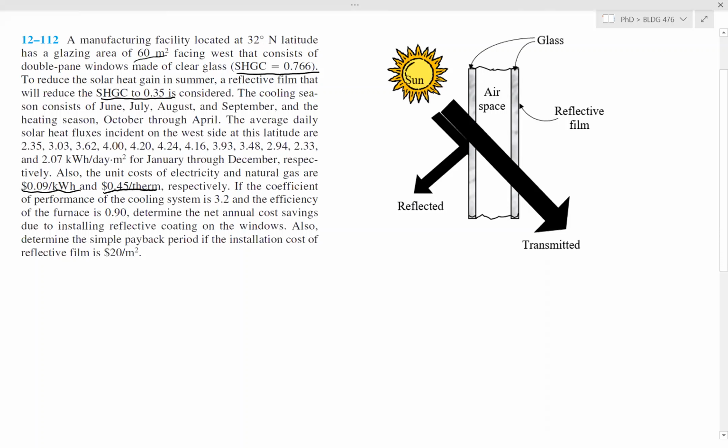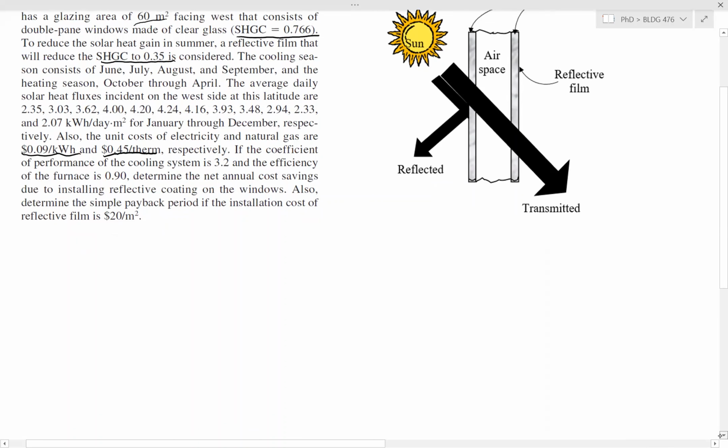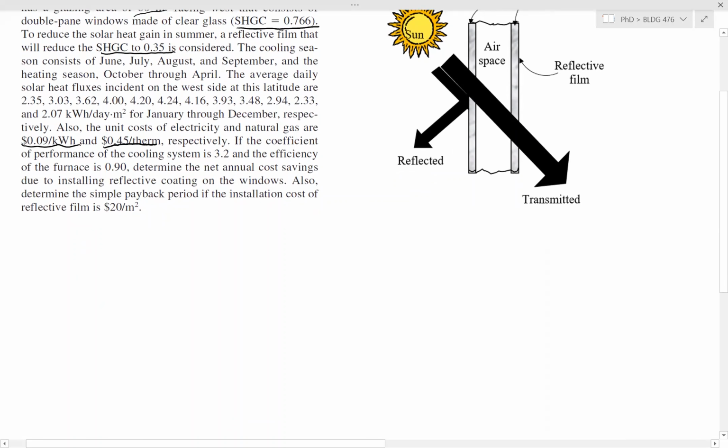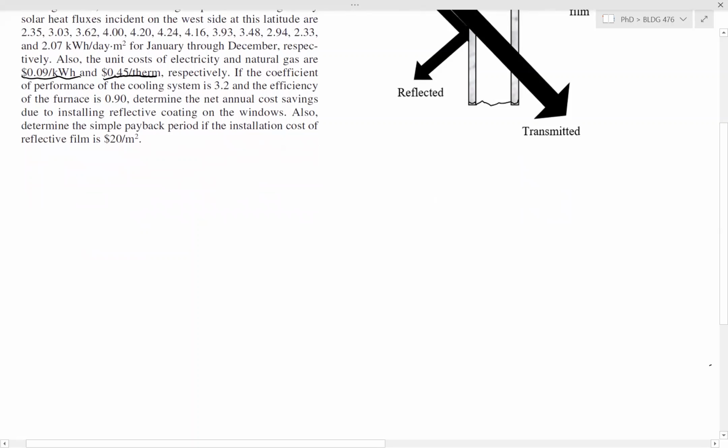And so it's not always clear initially whether or not you'll save energy or money by making changes like this. So in this question, we're just going to calculate if it's worth it. I'll try to go through this pretty quickly. I won't be too repetitive.